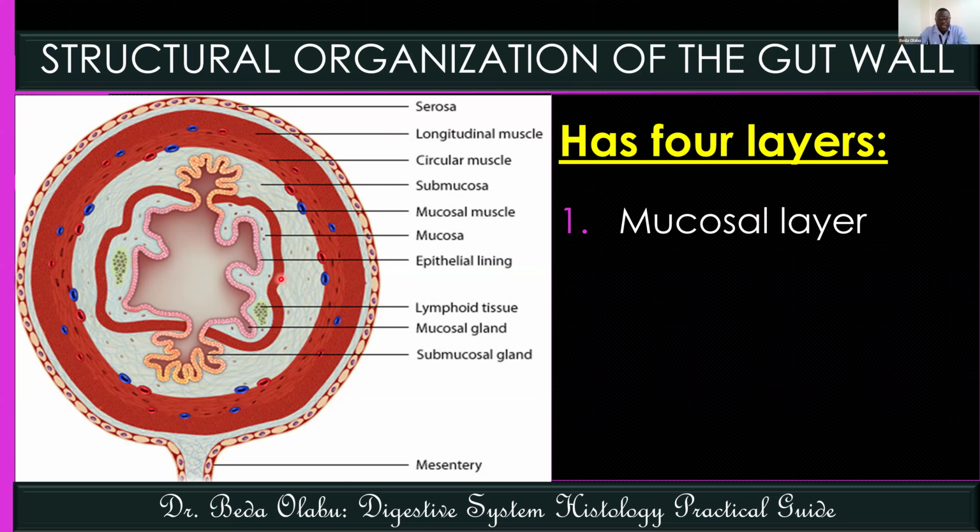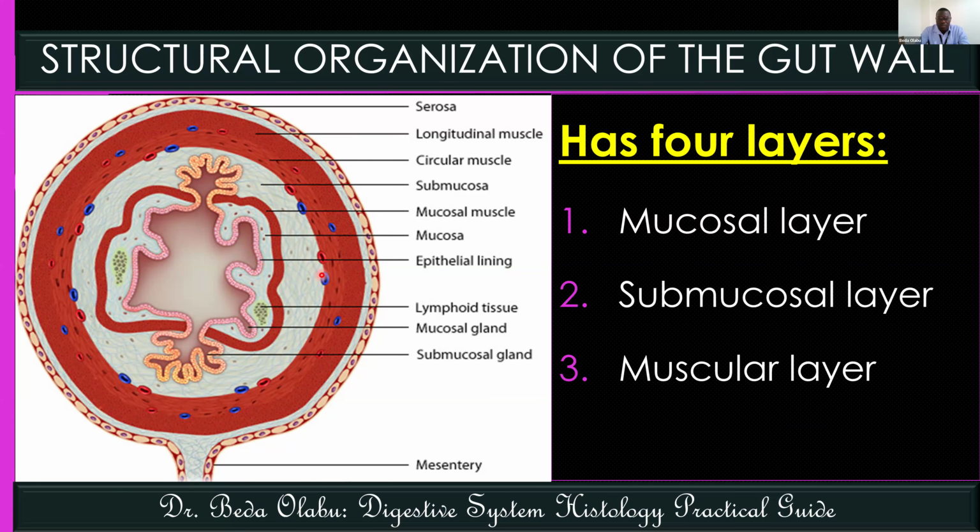Second layer is a submucosa. Third layer is the muscular layer. You can call it Muscularis propria or Muscularis externa. And lastly, we have the Adventitia layer, or you can call it the serosa layer.